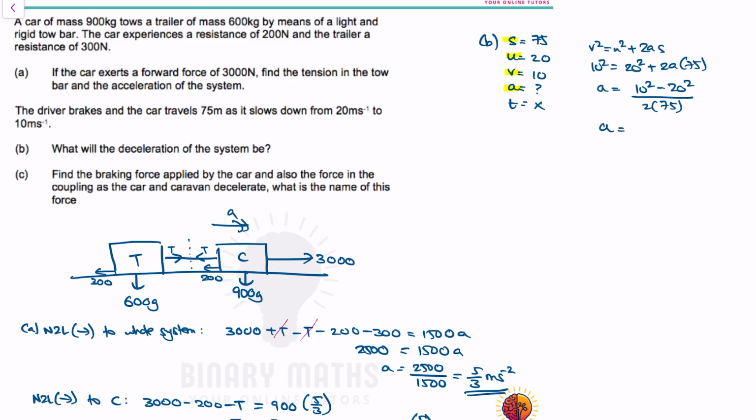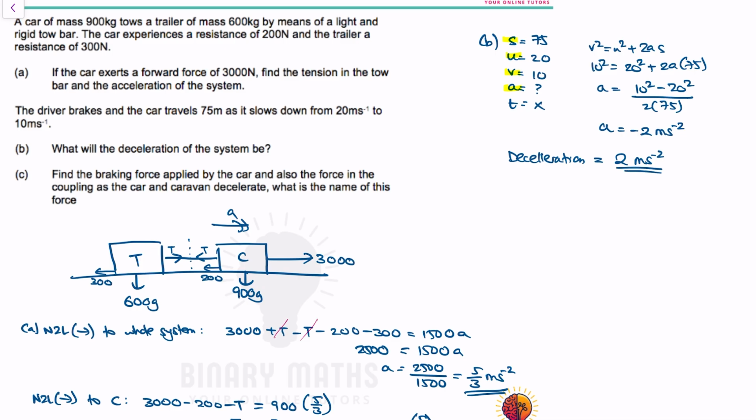If you put that into your calculator, you get minus 2 meters per second squared. So deceleration is equal to positive 2 meters per second squared.